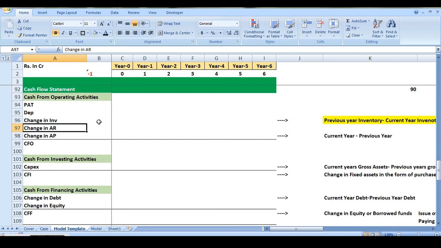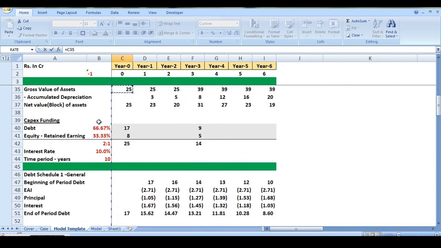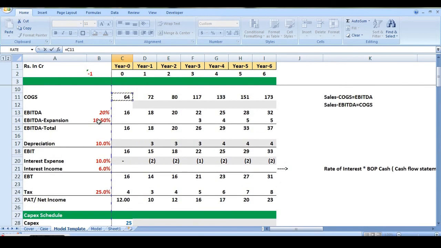Now when we calculate the cash from operating activities, the base for it becomes the profit after tax, wherein the changes for non-operating expenses and income are done to find out cash from operating activities. So we start with profit after tax by simply linking it with the income statement values of profit after tax.